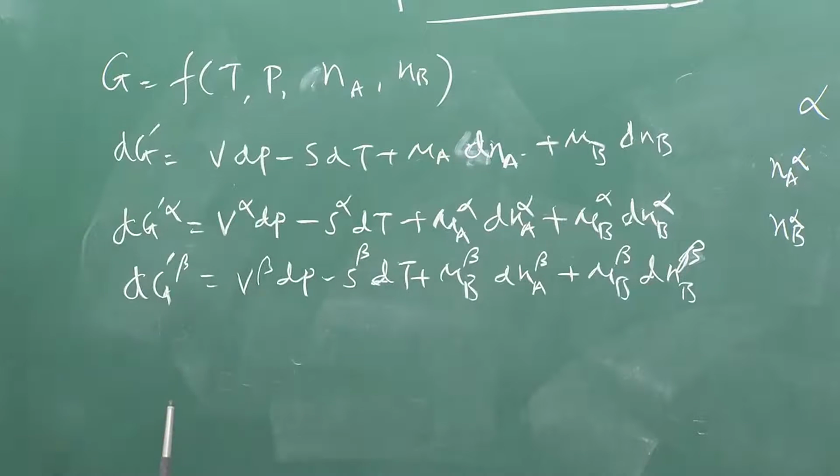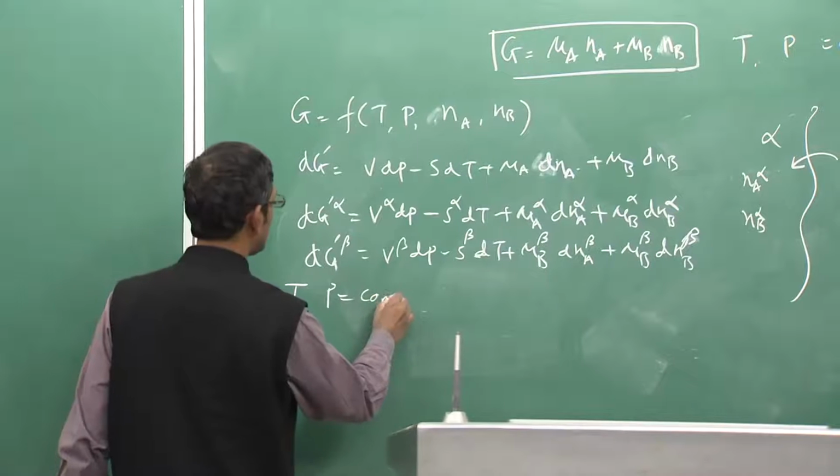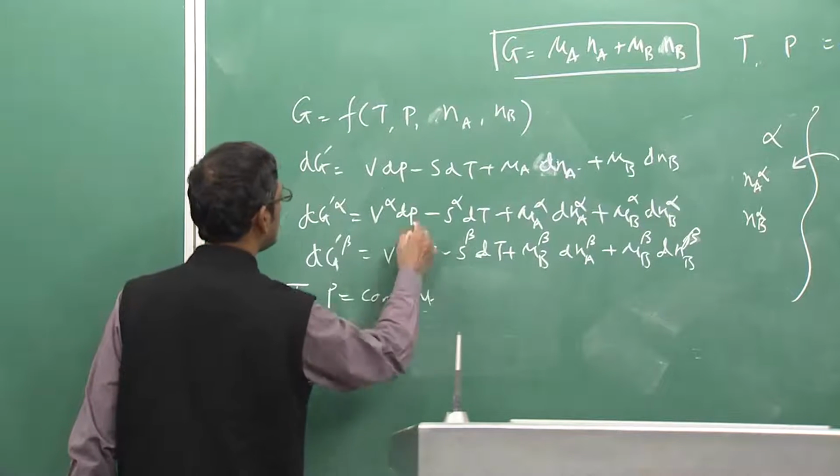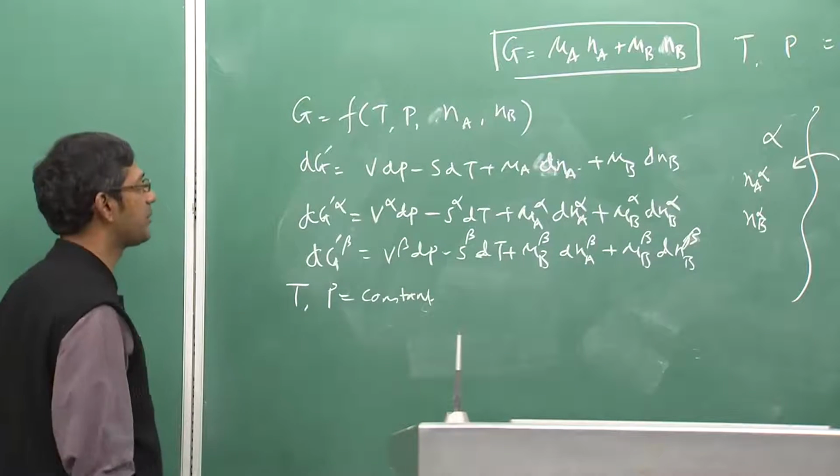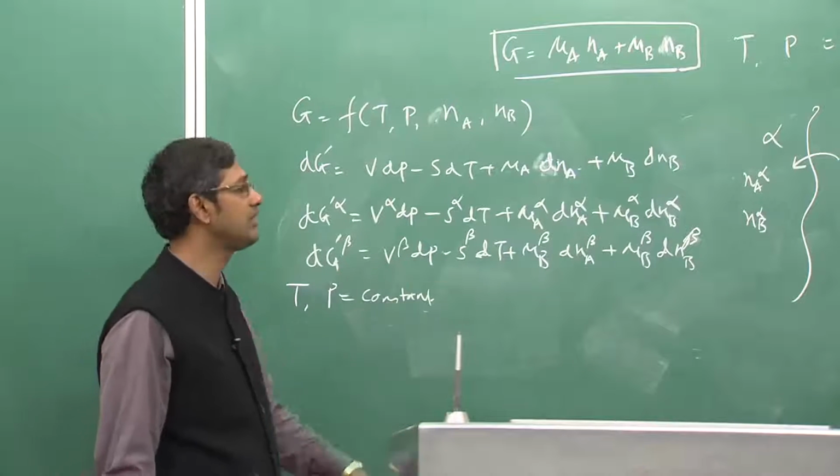These are the free energy changes when you have such a system. At constant temperature and pressure, these two variables will vanish because dT and dP are not changing.